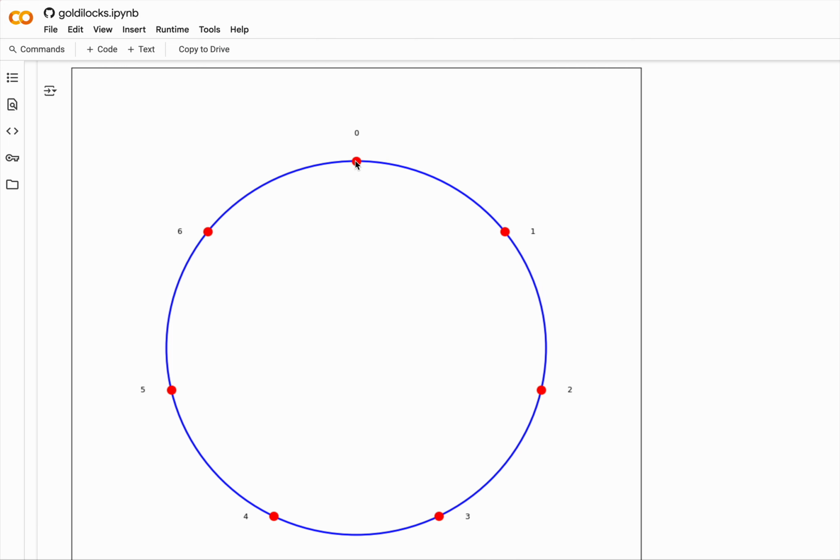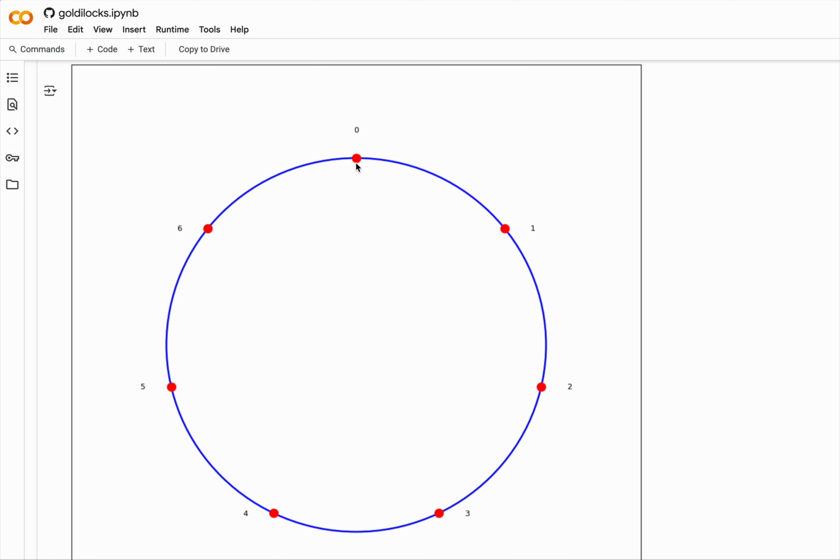When you go from, for example, 6 plus 1, you go clockwise and you will get 0. And 0 plus 1, you get 1. And if you want to do minus 1, 0 minus 1 goes counterclockwise.